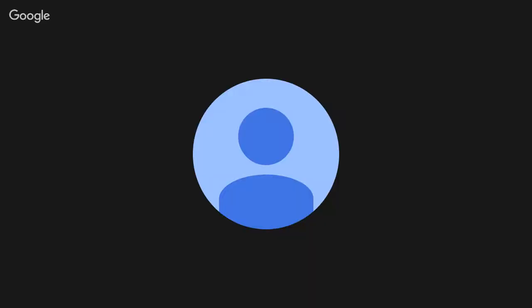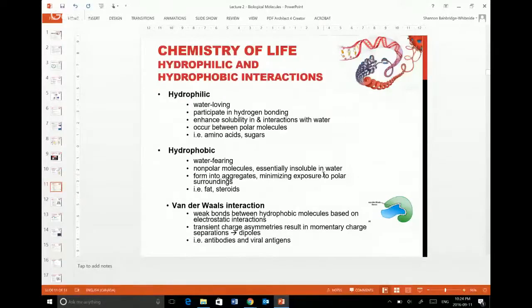You'll have these transient moments in which poles are set up, and you get an electrostatic interaction between these two molecules. What makes this become more of a stable interactive system is that it can, like dominoes, set off the creation of dipoles in all the neighboring hydrophobic atoms that are side by side.